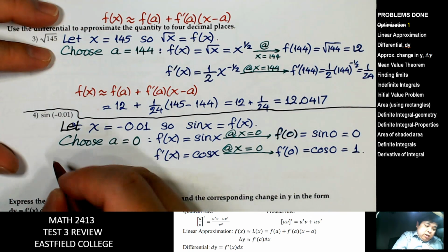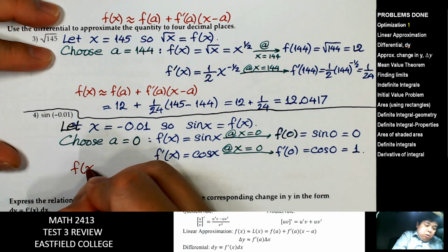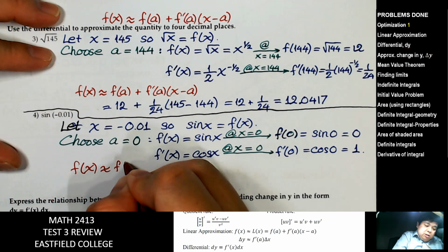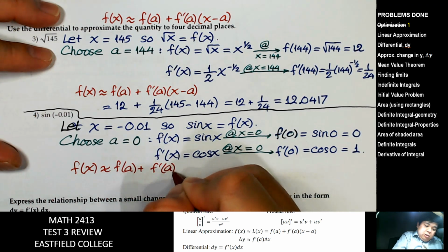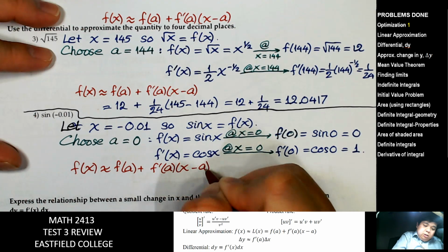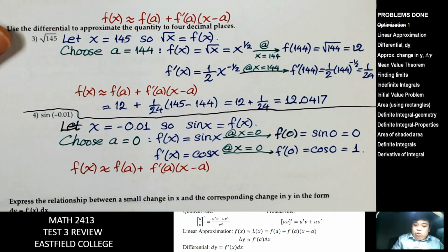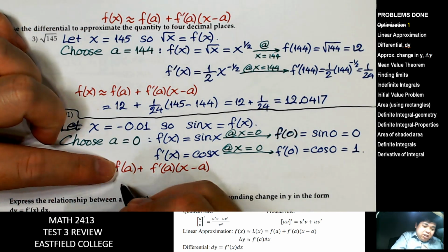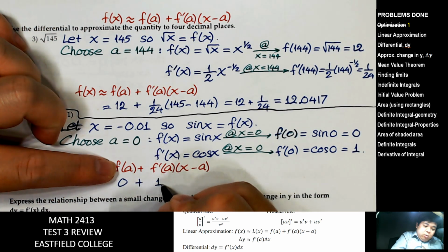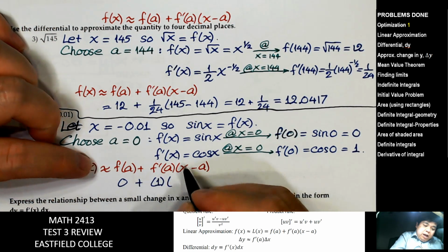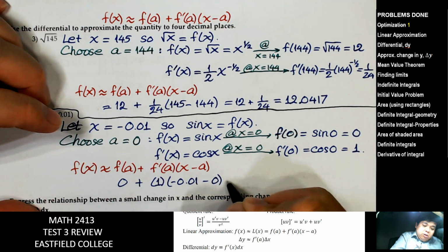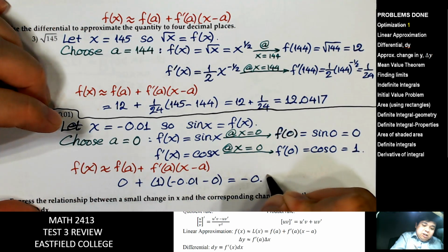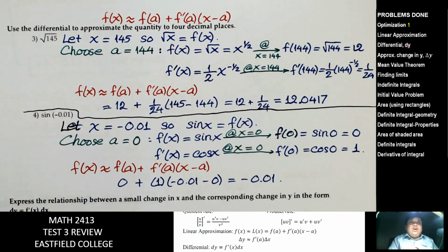And so for the linear approximation, we just put everything we have. The value of the function is 0, the derivative is 1, x is negative 0.01 minus 0. Now we will need the calculator for this one.